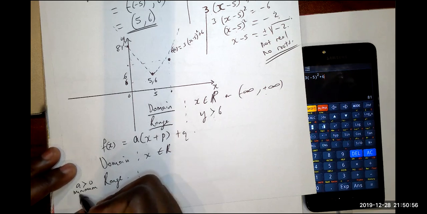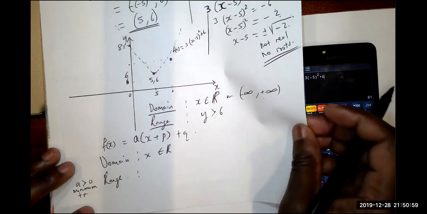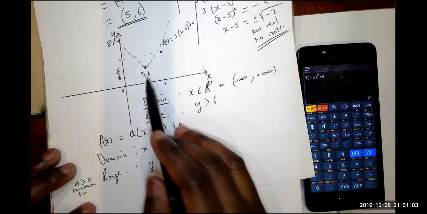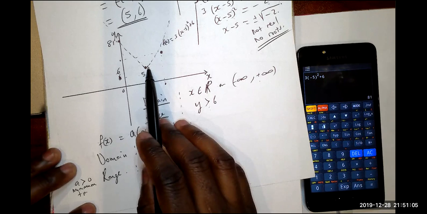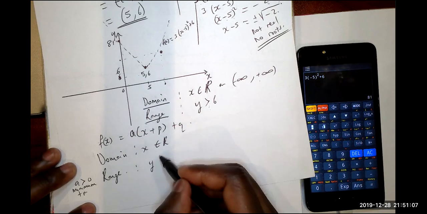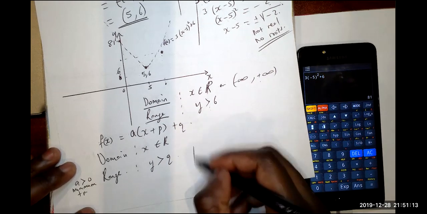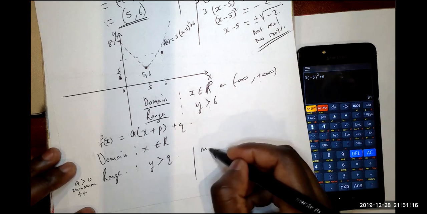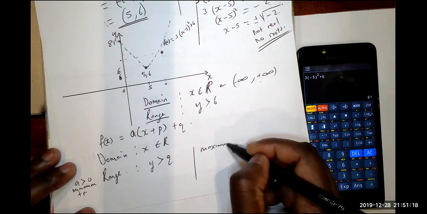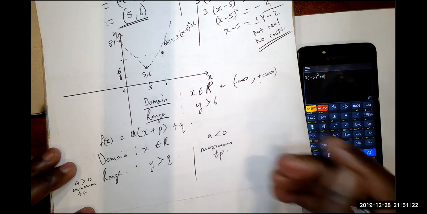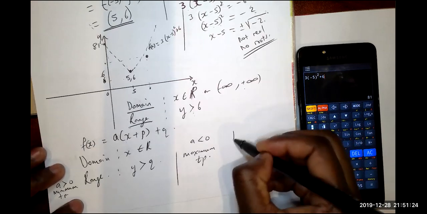So for the minimum turning point, how do you get the range? In this case, the range is just y greater than q. That's it. Now, what about for maximum? When a is less than 0, what is our range?